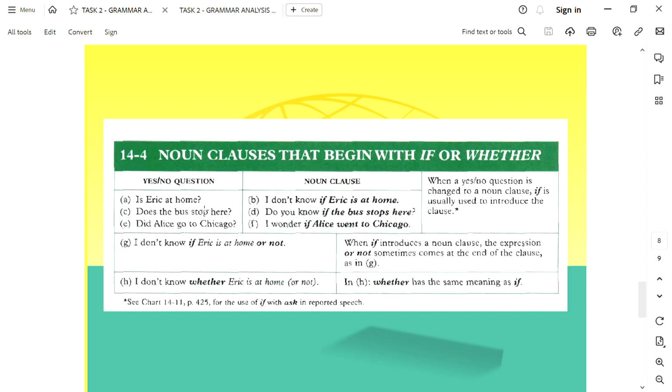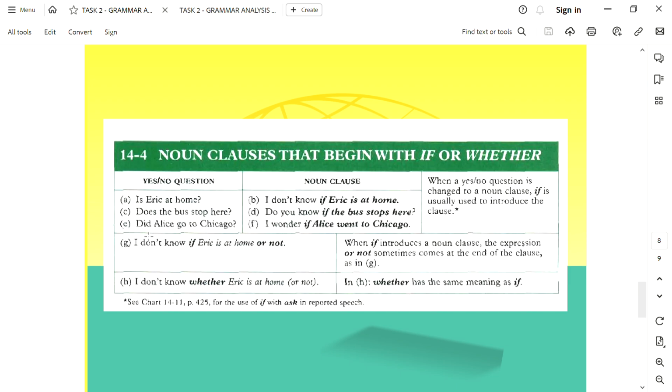It is the pattern in question form, but we can use the noun clause form with I don't know if Eric is at home, or I know if Eric is at home. Does the bus stop here? Do you know if the bus stops here? Careful with the verb here. The verb comes after the subject of the noun clause.